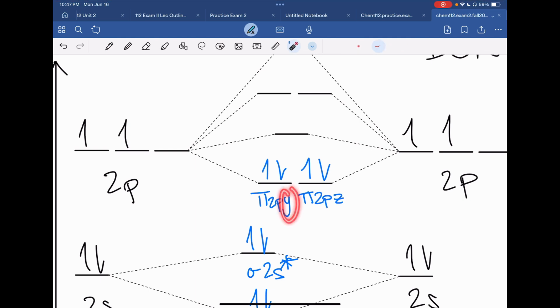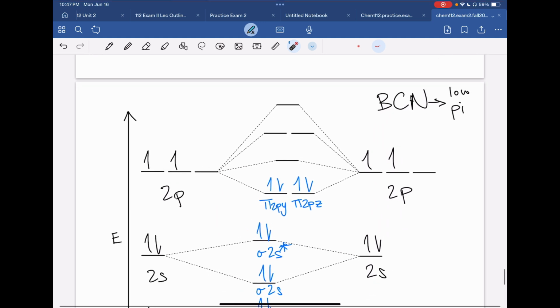Iggy Azalea. You don't have to label all the other ones. If it's just one line, it is a sigma bond, so it's a sigma 2px. And these are all your stars, because they're above, but you don't have to label them because nothing is going in them.